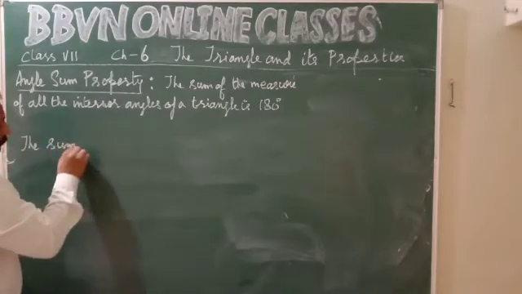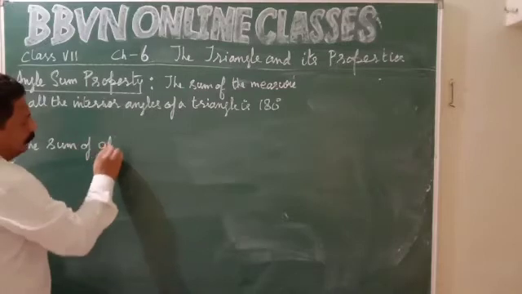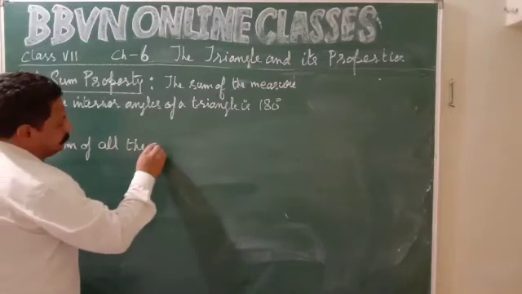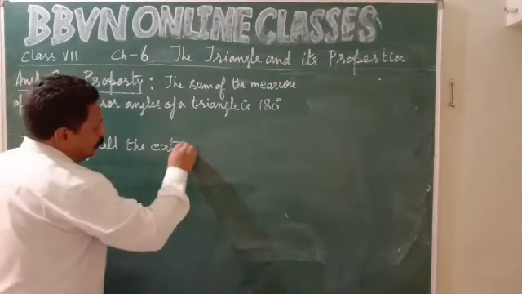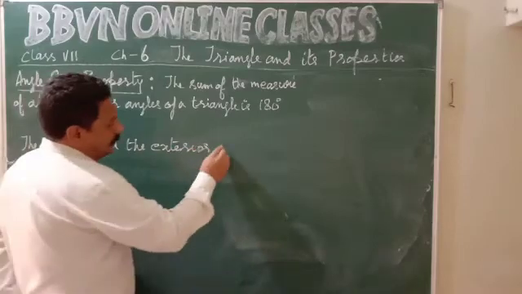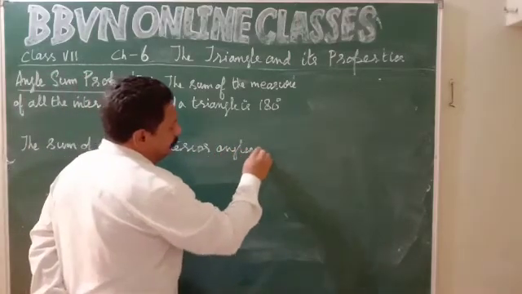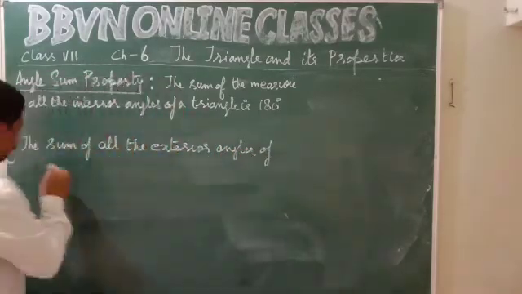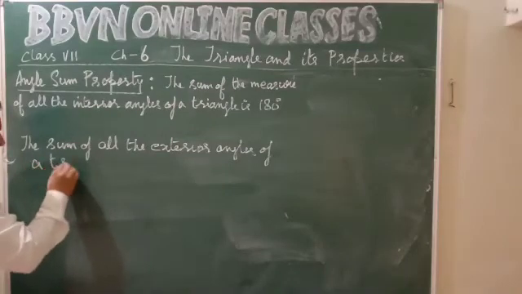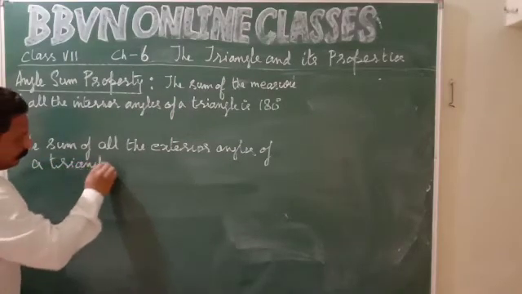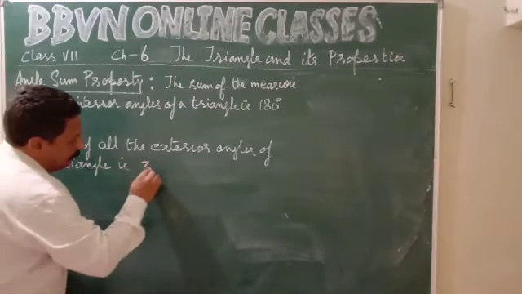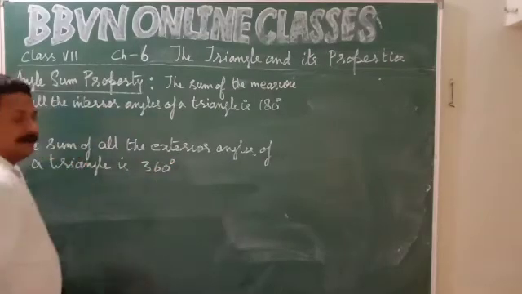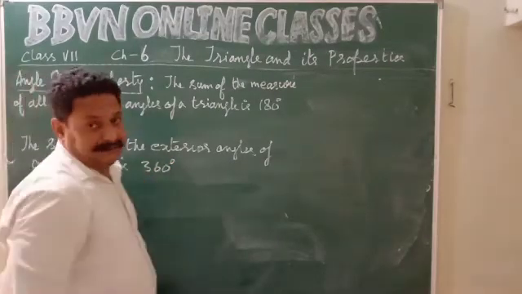The sum of all the exterior angles of a triangle is 360 degrees. Let us verify this property.